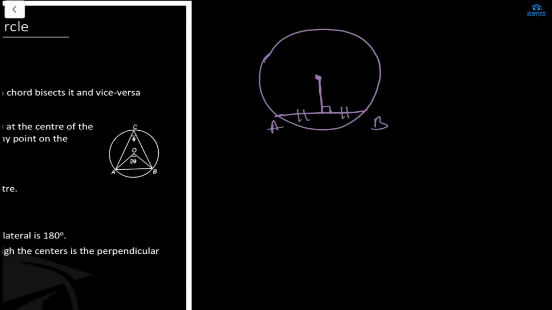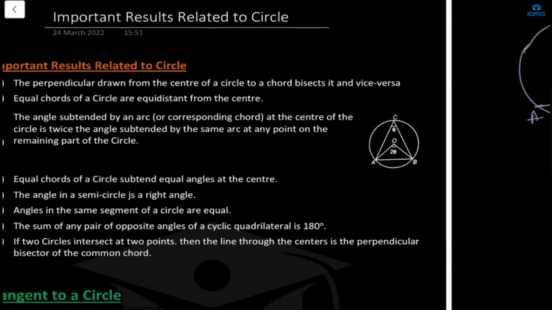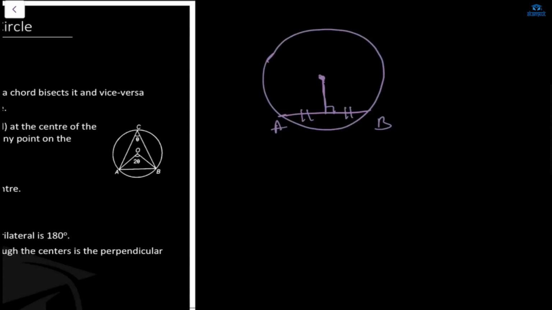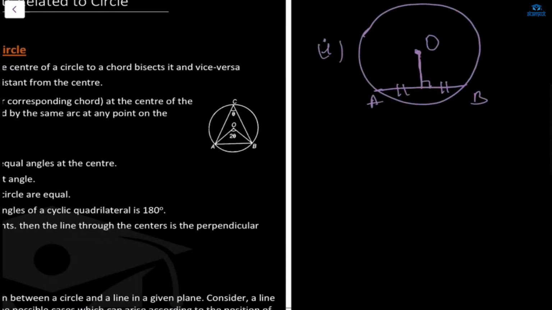Whenever you see any question where a perpendicular is drawn from the center to the chord, then that chord is bisected by that perpendicular. And vice versa, if a chord is bisected by a line through the center, then that line is actually perpendicular, okay. This is for your first point.